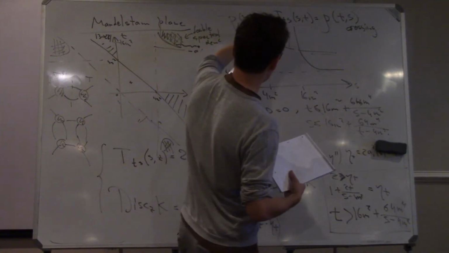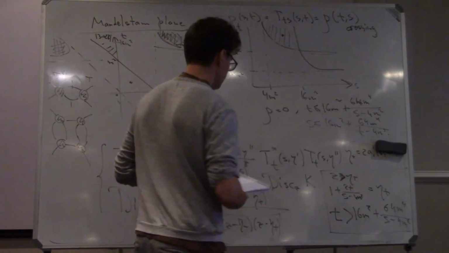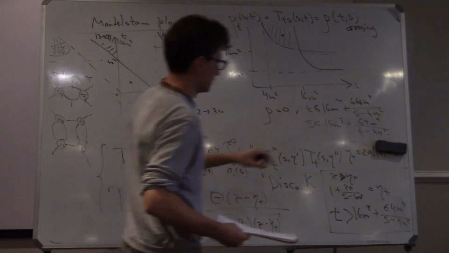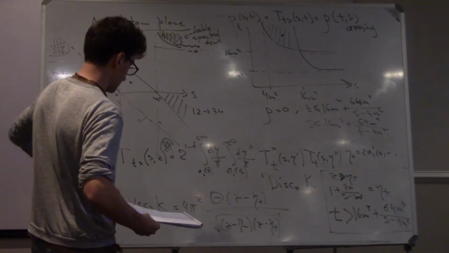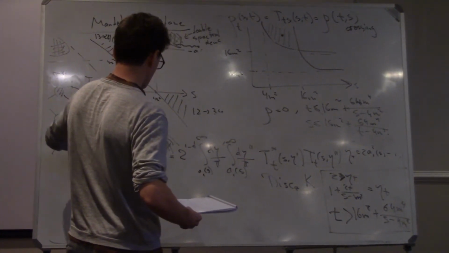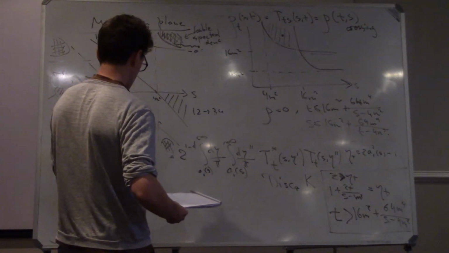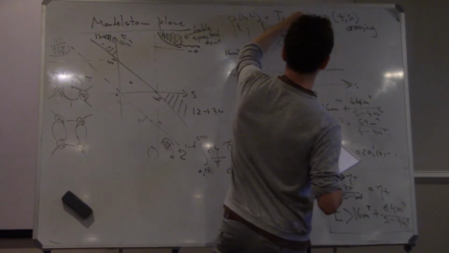So therefore, from non-production, we get the statement that if we go to this region, well, the spectral density should be 0. So we get 0 in this region.